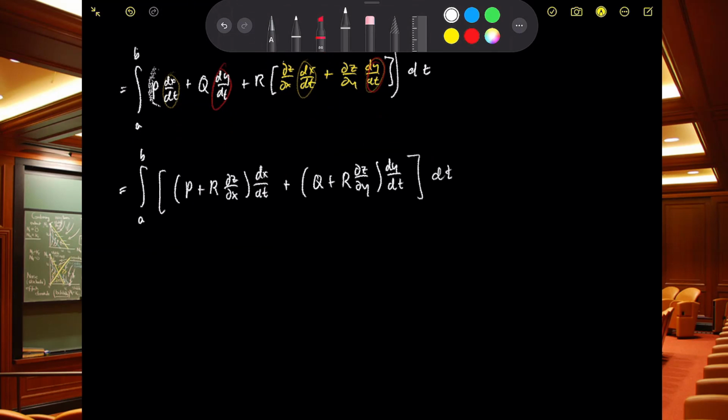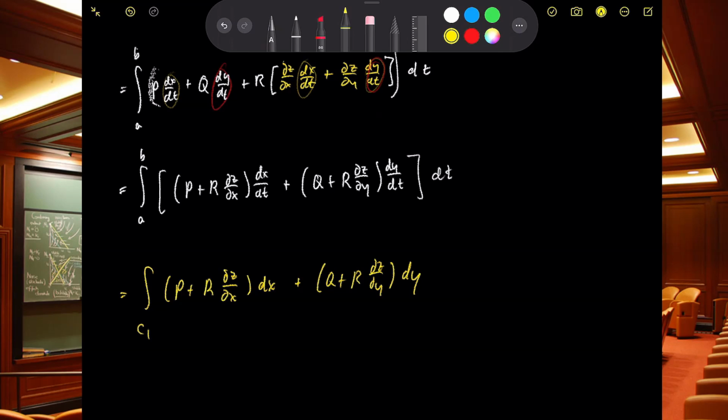So what's cool about that is we can eliminate the parameter here by, quote unquote, distributing this dt and saying this is really the integral over C1 of just p plus r dz dx dx plus q plus r dz dy dy. And then what do we have?